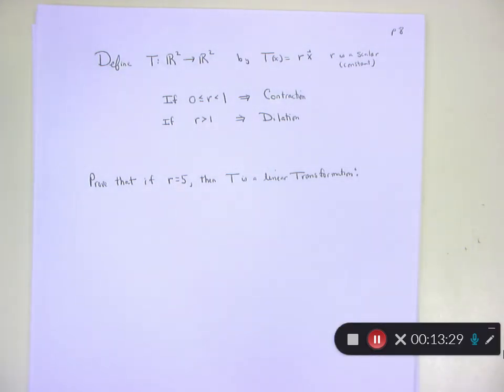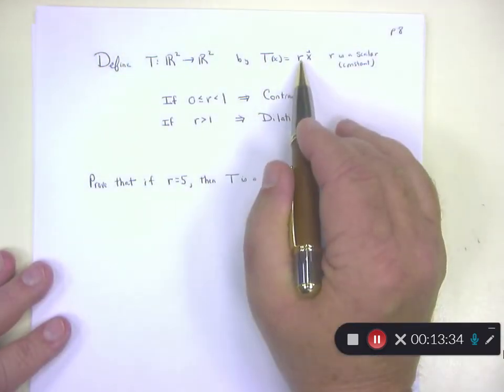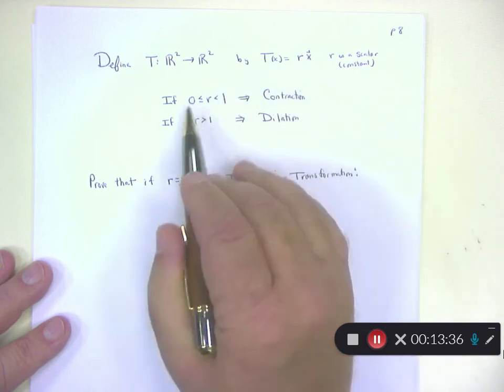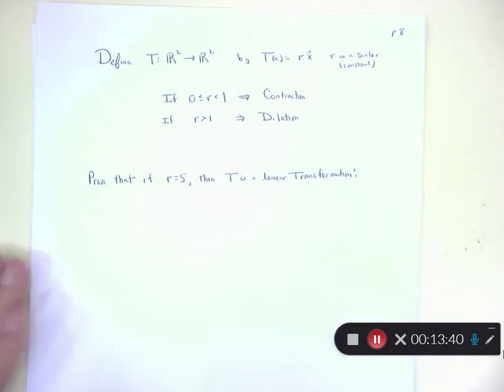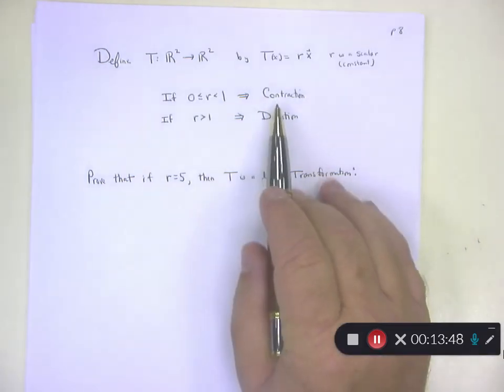Now, here's the big deal. This is basically a scalar multiple, a constant times vector x. If your constant r is between 0 and 1, a fraction, multiplying typically shrinks it down. The mathematical word for shrinking it down is a contraction.